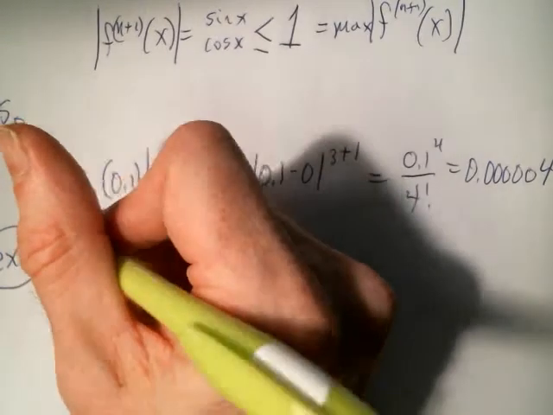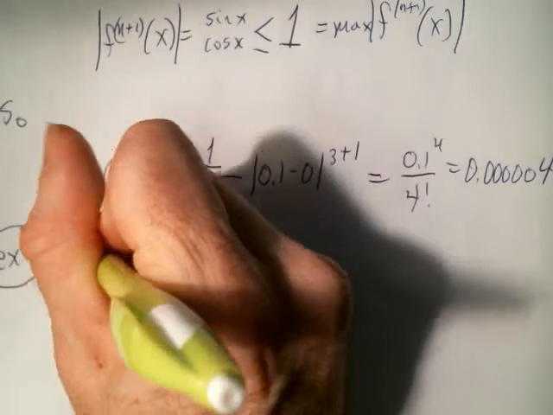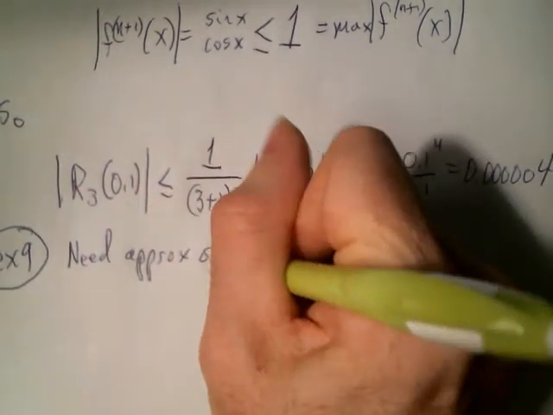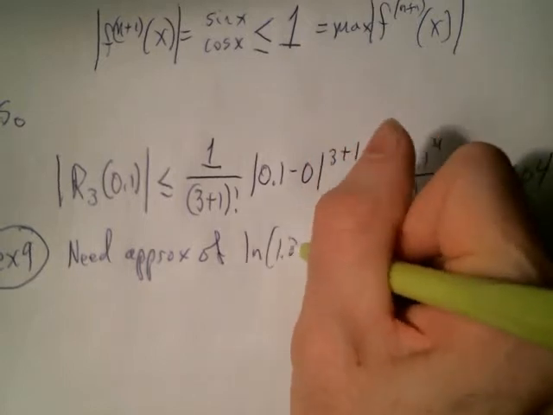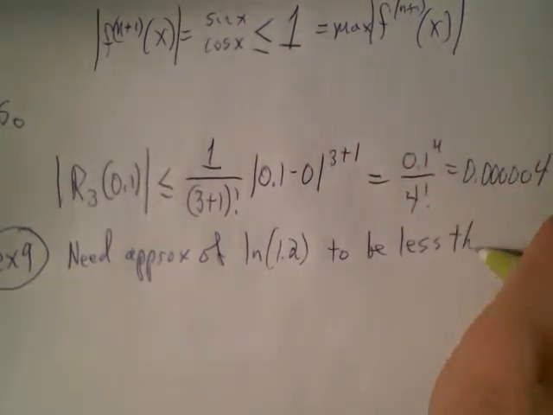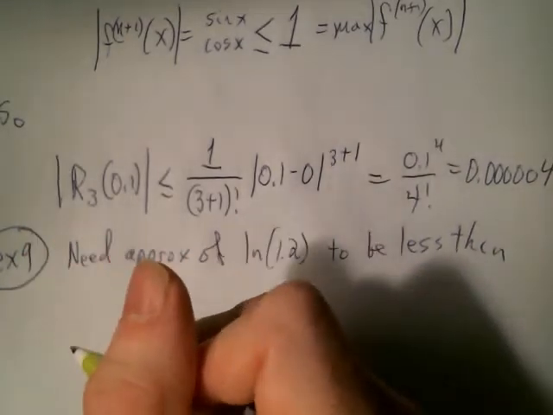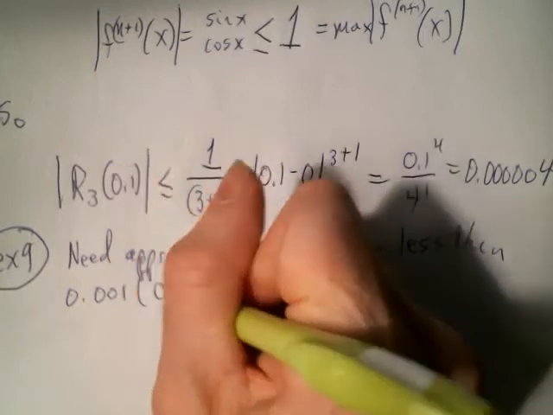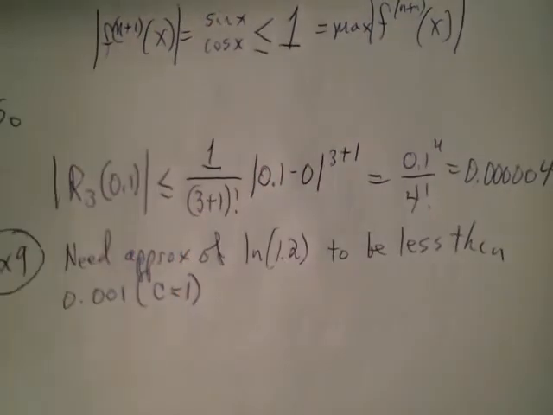I need an approximation of the natural log of 1.2 to be less than 0.001, and I'm centering my approximating polynomial at c equals 1.